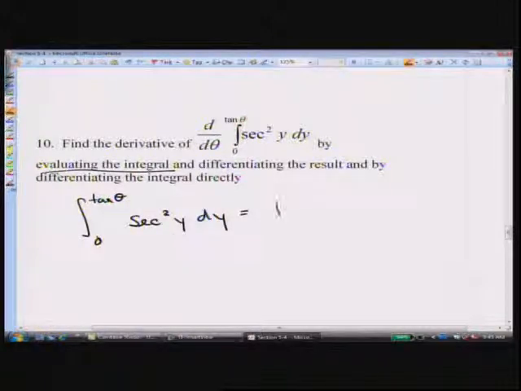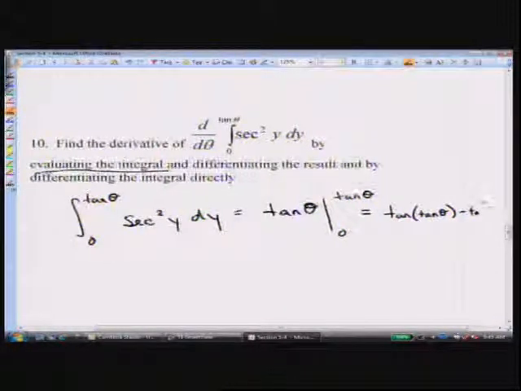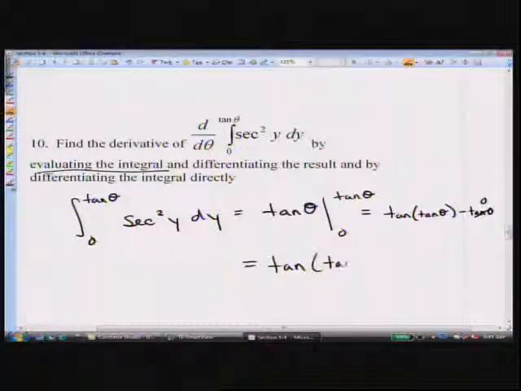Tangent. Right. So this is the tangent of theta evaluated from 0 to the tangent of theta, right? Okay, so this is weird, but this is the tangent of theta, that's f of b, minus the tangent of 0. But the tangent of 0 is just 0. So this integral is the tangent of theta.